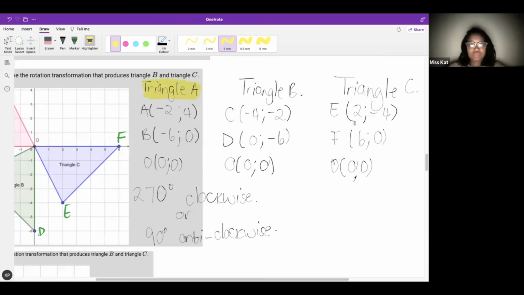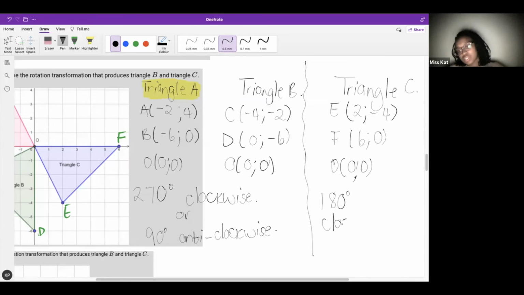It's 180, because they didn't swap. So guys, it's 180 degrees clockwise or anti-clockwise, it doesn't matter, because the coordinates didn't swap and they both changed signs.